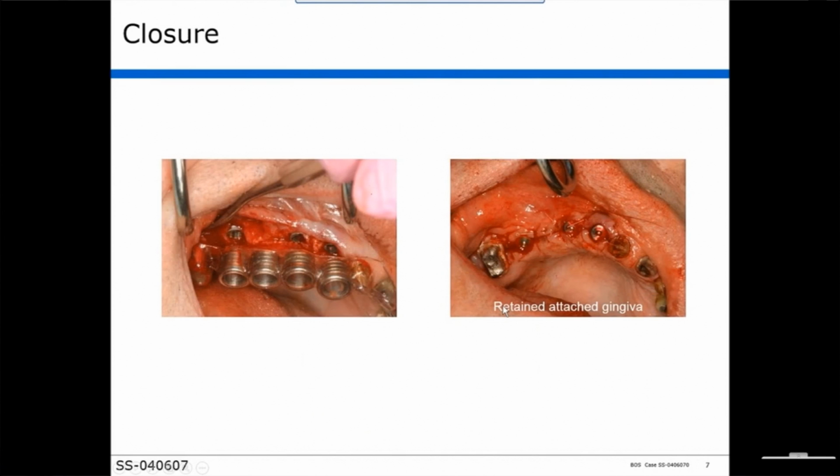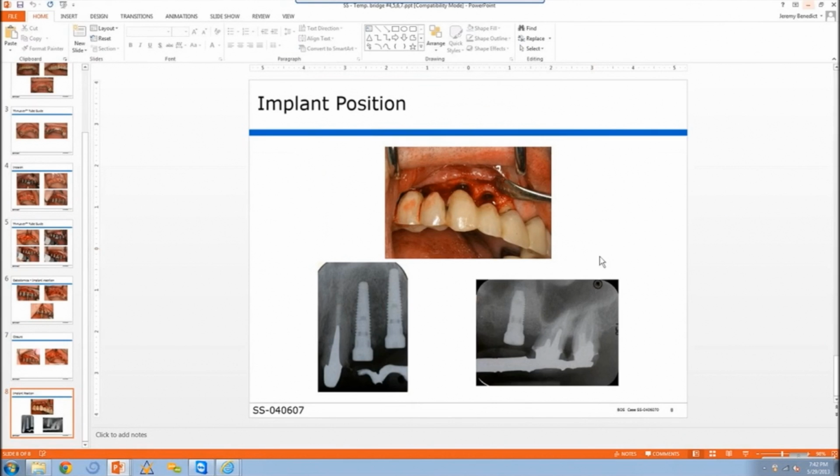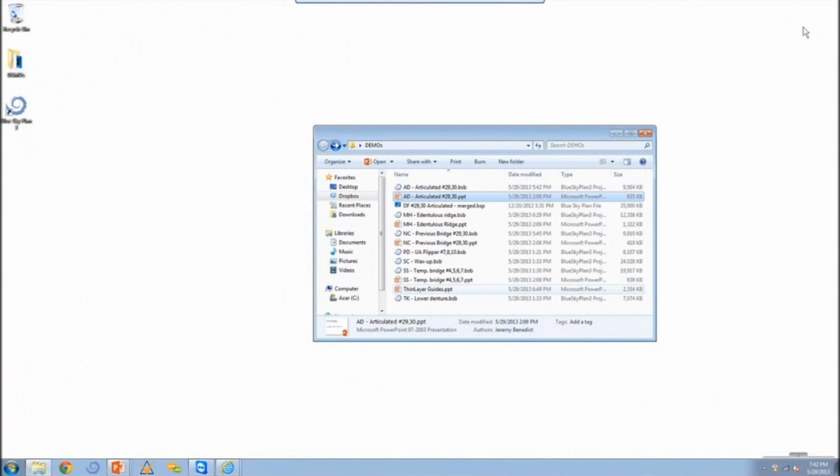My reason for raising a flap here was I wanted to retain a thick band of attached gingiva on all these teeth. And here's with the bridge in place. You can see the relationships and the radiographs of the implants. So that's an illustration of a case that was done using a temporary bridge as future tooth position.